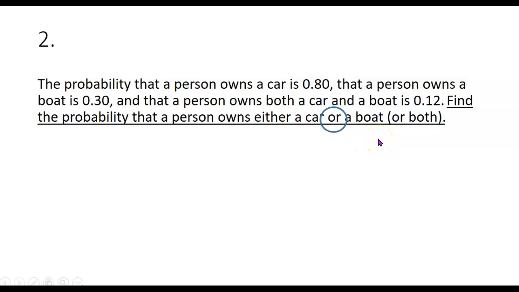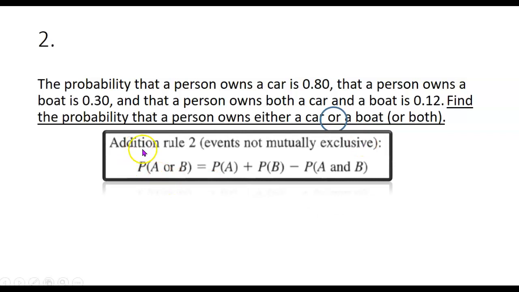To answer or probability questions, we use the addition rules. And this time we have to use addition rule 2 because these are not mutually exclusive. The same person could own both a car and a boat, so those could both be true at the same time.